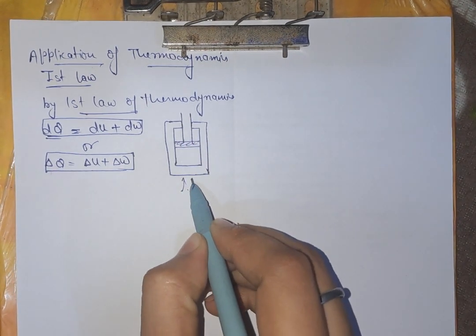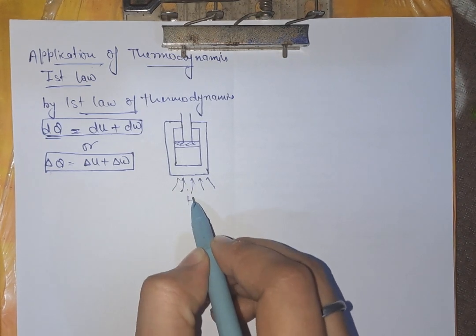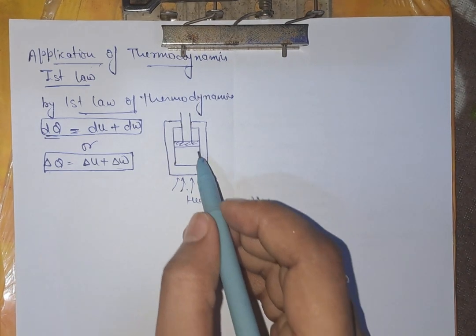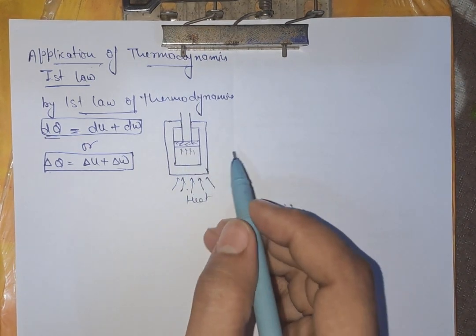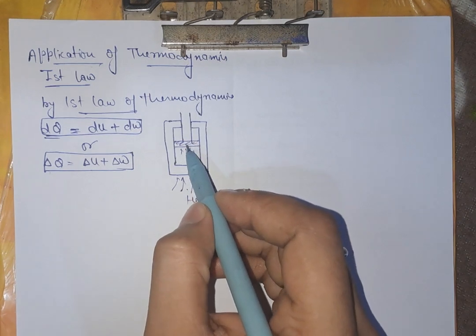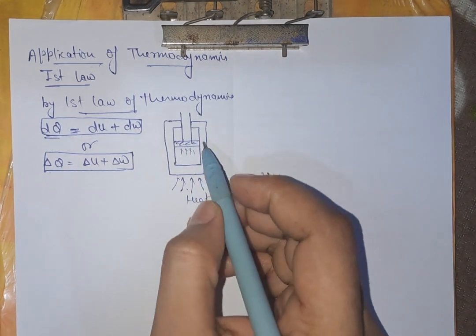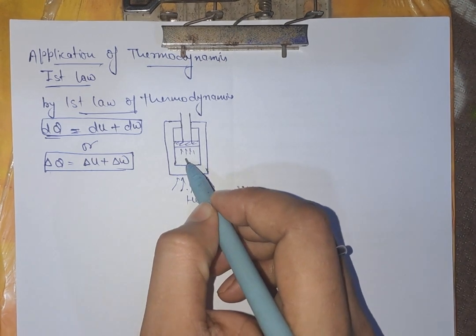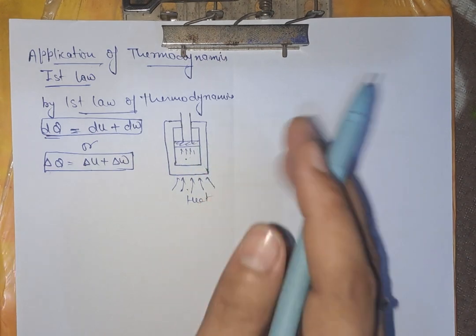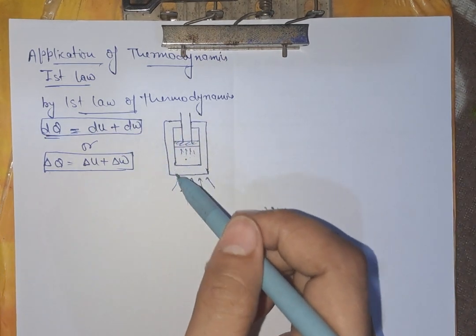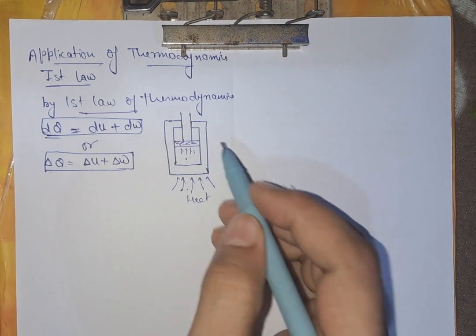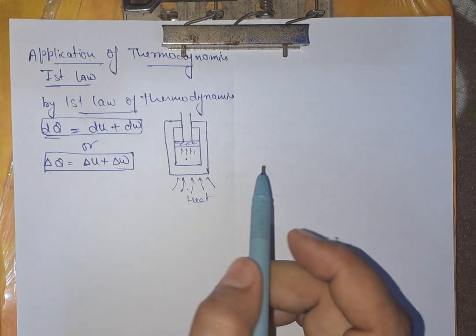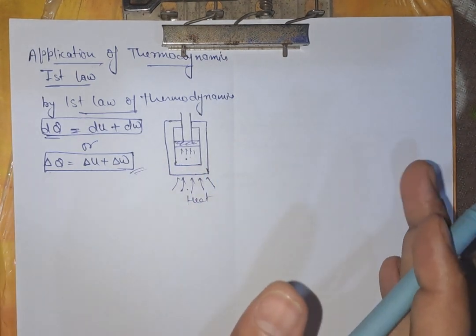Whenever heat is supplied to the container, the internal energy of the system changes, which pushes this piston, and due to this the piston is displaced by some value. So the work is done by the system, means there is some internal energy change, and also with the change there is some work done by the system. So whatever heat is given is basically converted into the internal energy and work done by the system. This is nothing but the first law of thermodynamics.